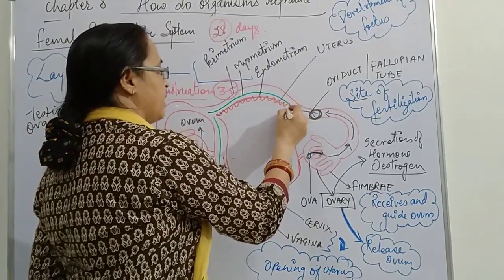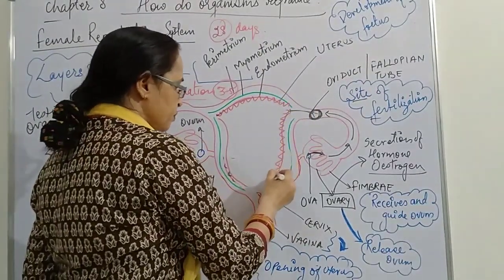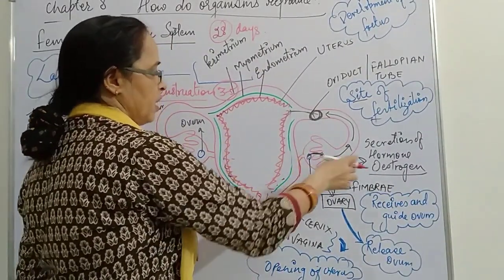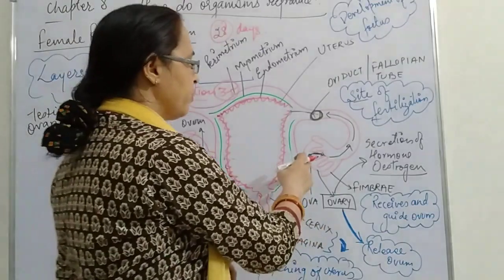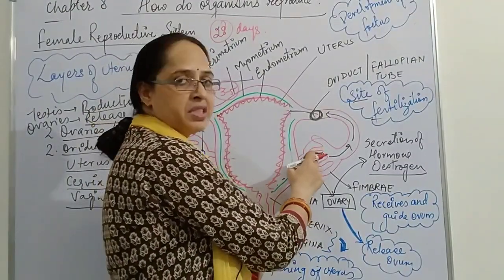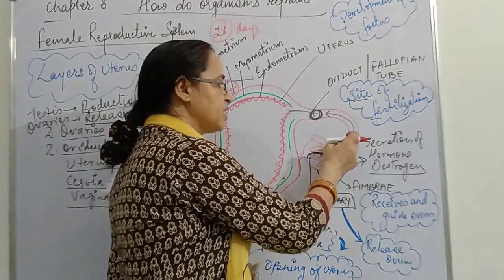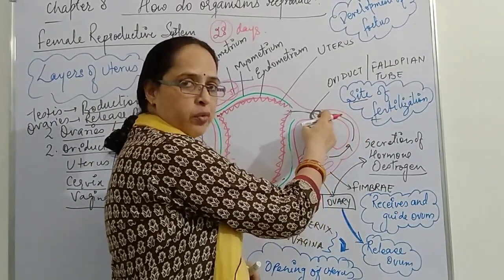Now the endometrium lining has become thick due to the estrogen hormone, and ova is released. Ova is received by the fimbriae, finger-like projections. Then they guide the ova to enter into the oviduct.